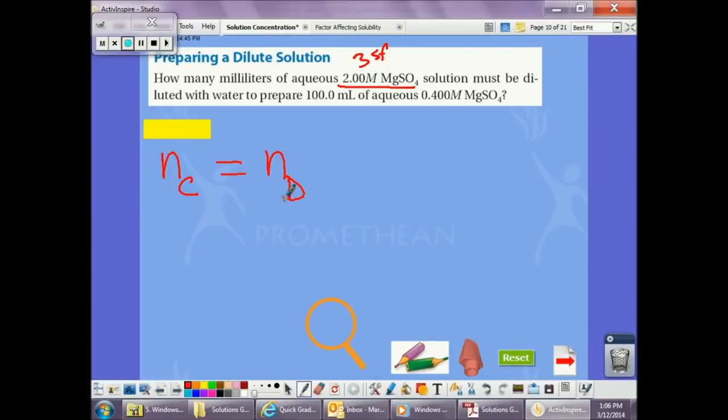I need you to think about it. You take a certain number of moles of a concentrated solution, put it in a container, add water, but both of them have the same number of moles of that solute. Does it make sense?